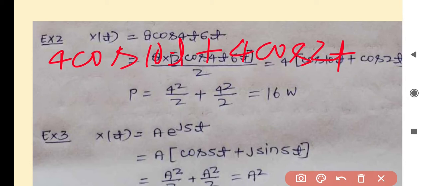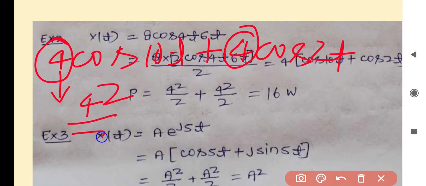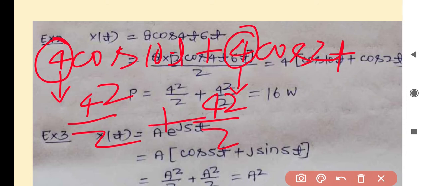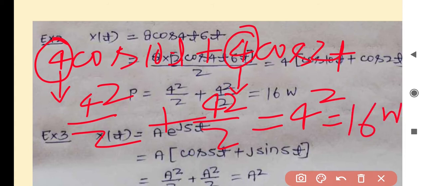To calculate the power, only the amplitude is needed. We have to find the amplitude of both the components, which is 4 here and 4 here. So the power of this signal will become 4 square by 2 and the power of this signal will become 4 square by 2. We add up these two powers and it will become 4 square, or 16 watt.